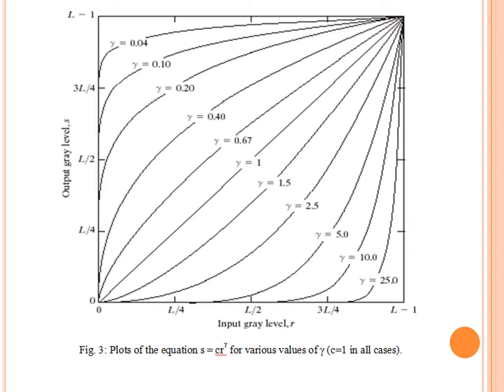Plots of s versus r for various values of gamma are shown in this figure 3. As in the case of log transformation, power law curves with fractional values of gamma map a narrow range of dark input values into a wider range of output values, with the opposite being true for higher values of input levels.